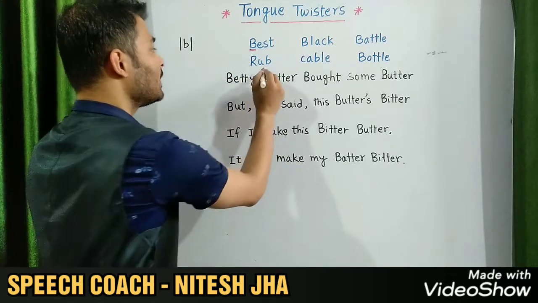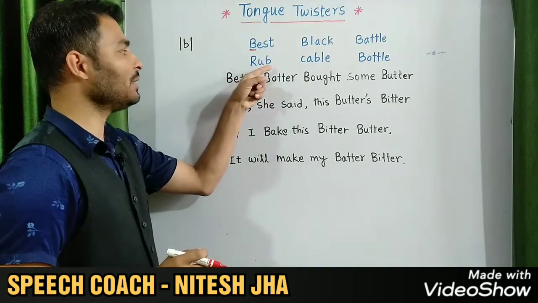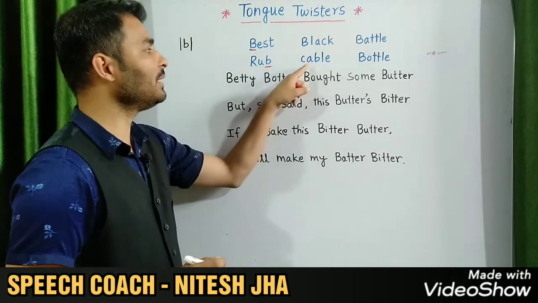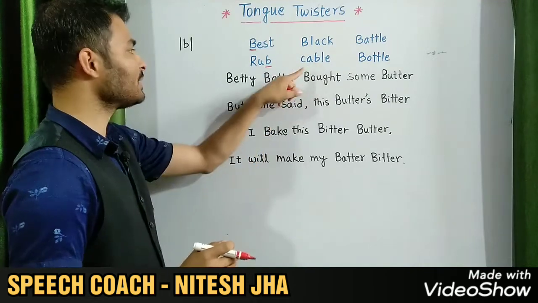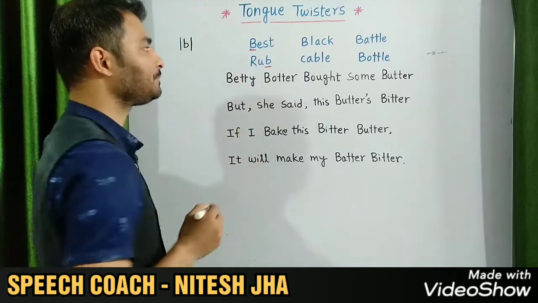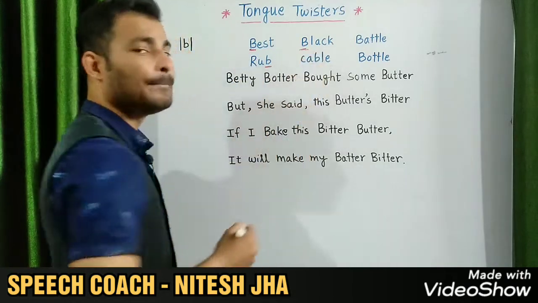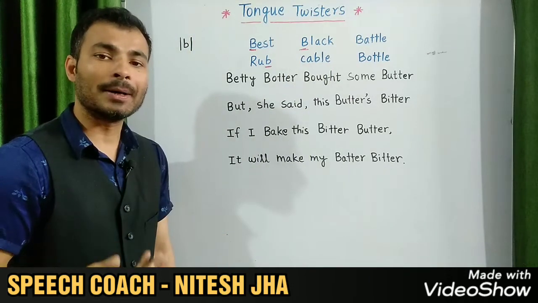Best. Next is rub. So you can have a B sound in the beginning or maybe in the end or in the middle as well, right? So as it is cable, right? So this is best, okay? This is black.